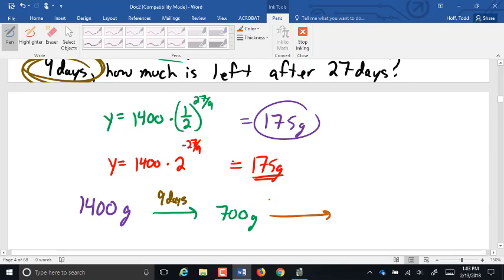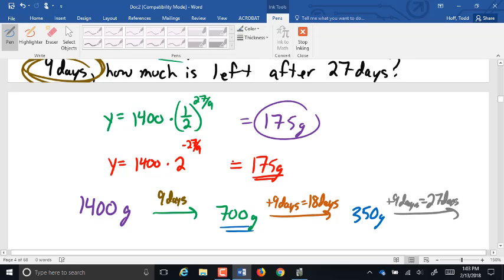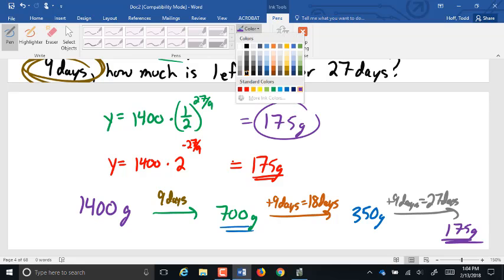After another 9 days, so that's a total of 18 days, what should be left? Half the 700 is 350. After another 9 days, which is our total of 27 days, what should be left? Half of 350 is 175 grams. Does that make sense?